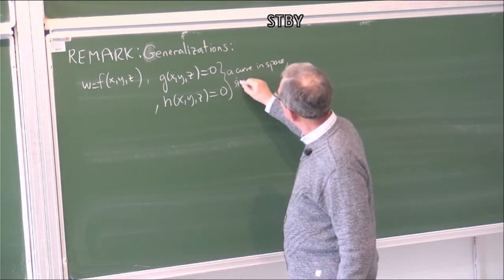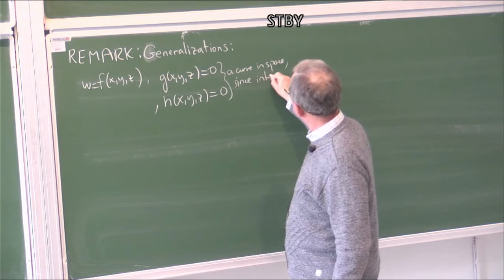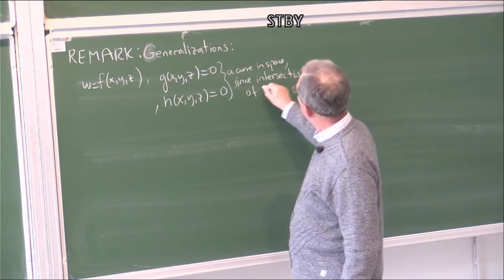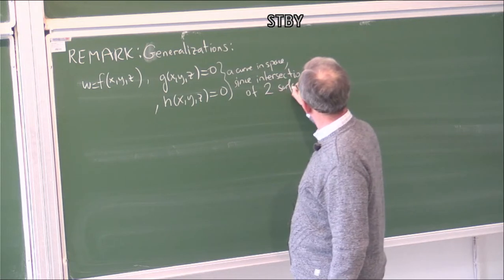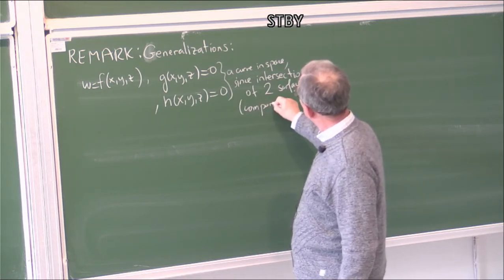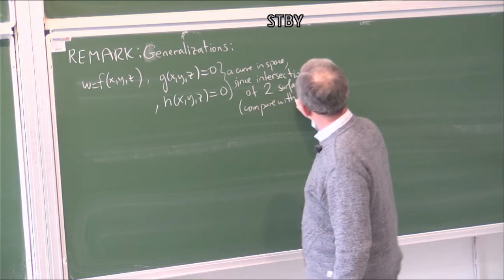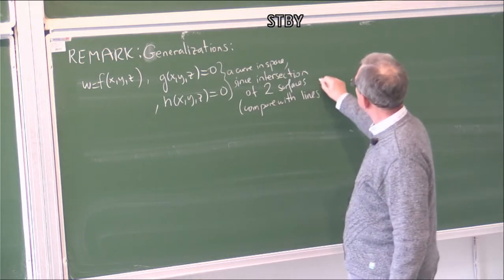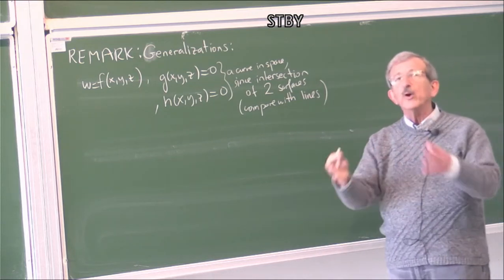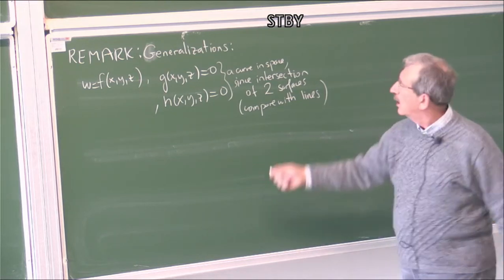Since it is the intersection of two surfaces. Compare with lines. A line was the intersection of two planes, so its equation was two equations.